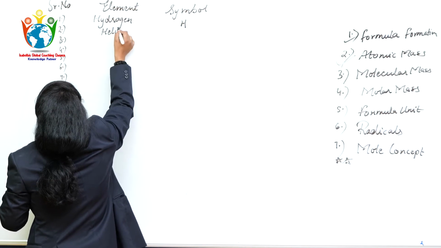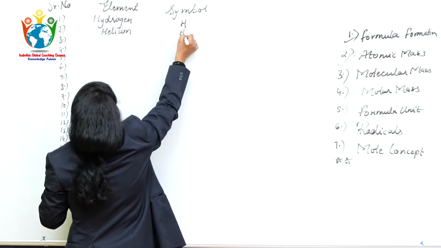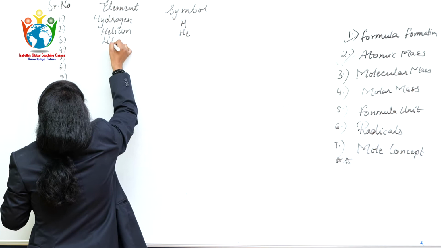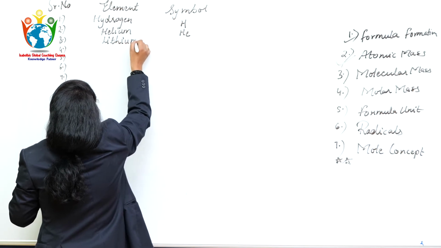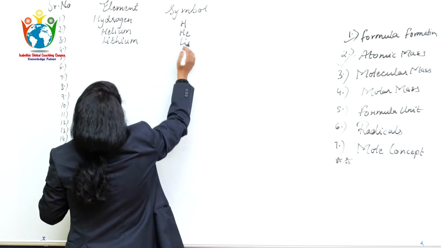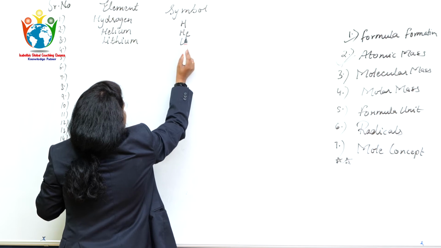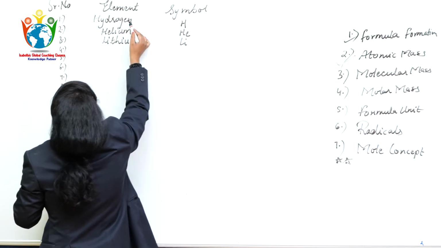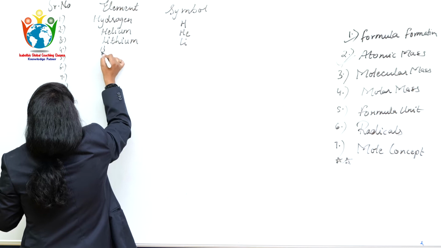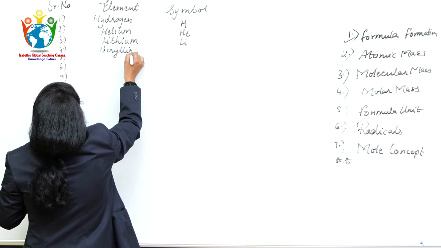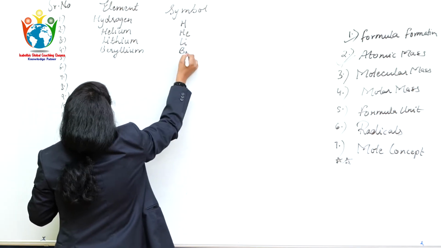Helium, He. Lithium, Li. Now you can see H capital, e small; L capital, i. Hydrogen, helium, lithium, beryllium, Be.